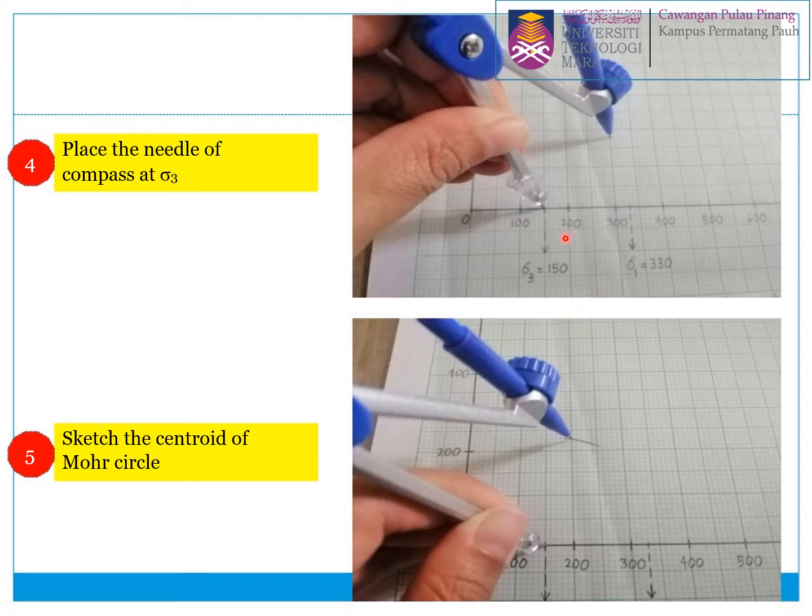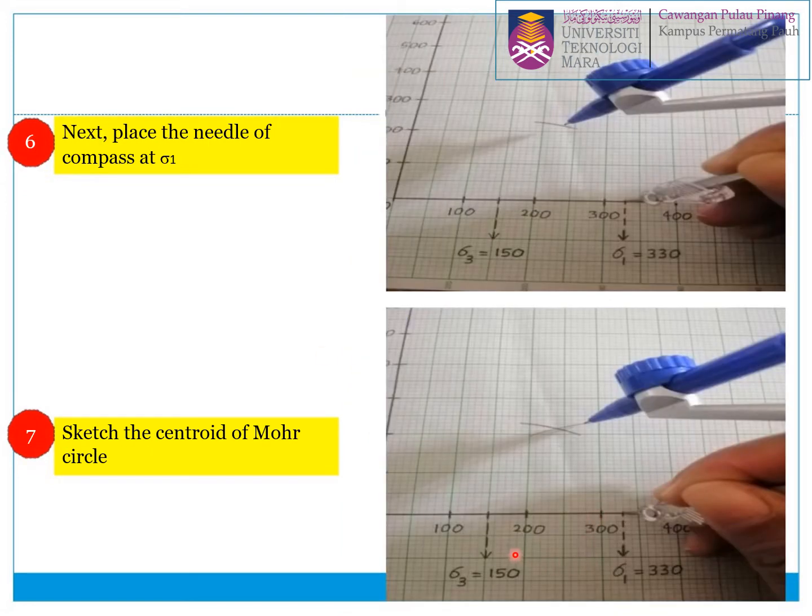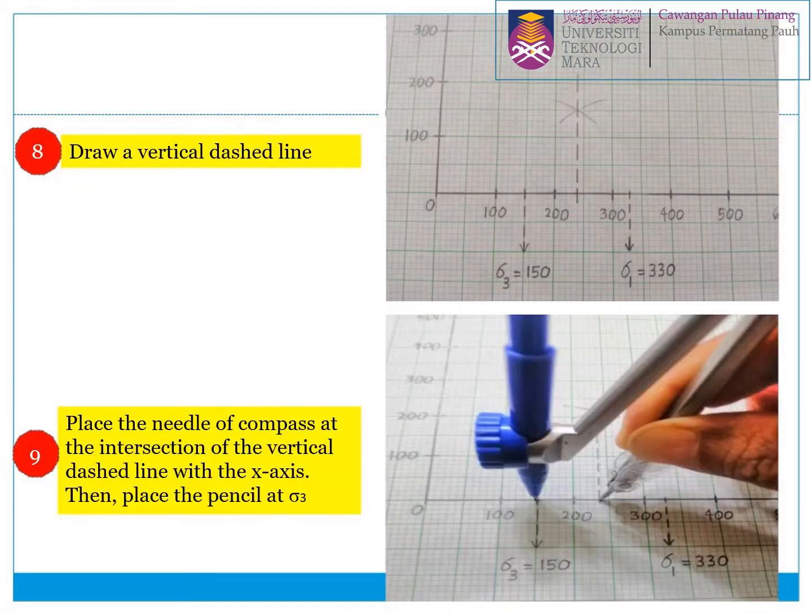First you place the needle of the compass at sigma 3, then you place the needle at sigma 1, and you will get the centroid. Now you have the centroid. Next we draw a vertical dashed line from the centroid.